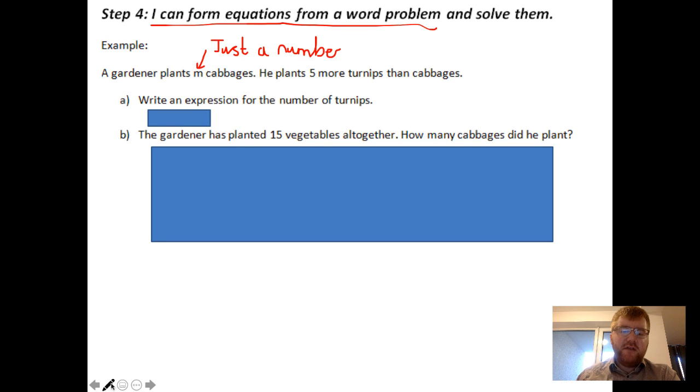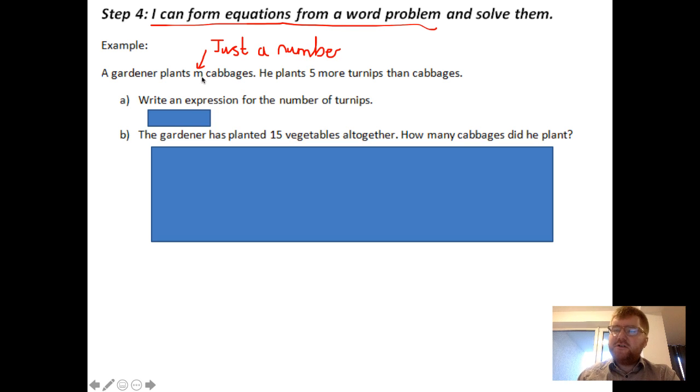Well, let's have a think. If he has M lots of cabbages, and he plants 5 more turnips, then he's going to have M, because it's just a number, M, plus 5. That will tell you how many turnips he has. Let me go through that again.